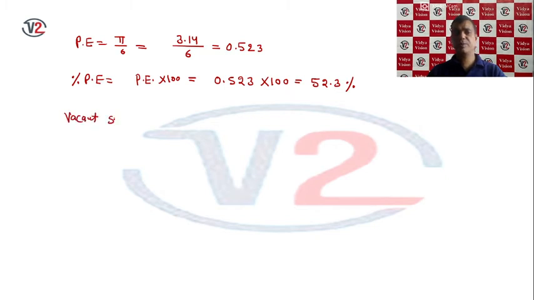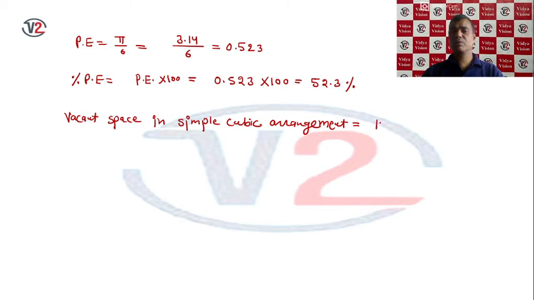Vacant space in simple cubic arrangement is equal to 100 minus 52.3.